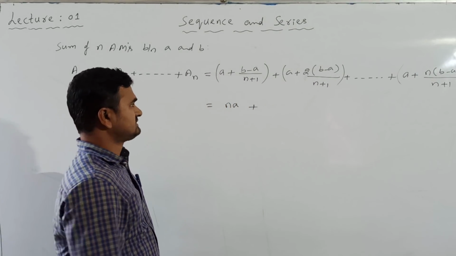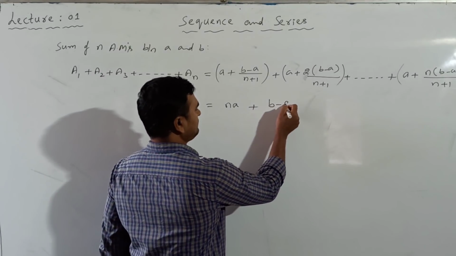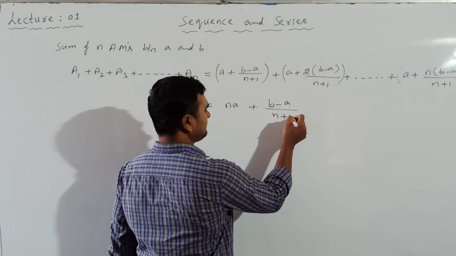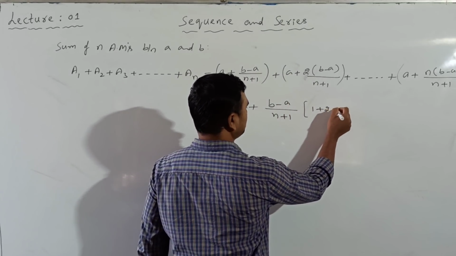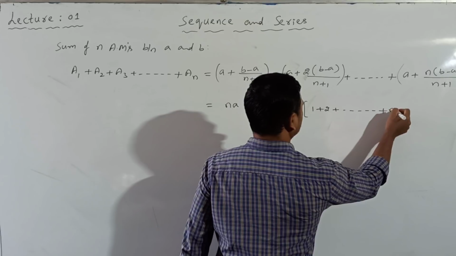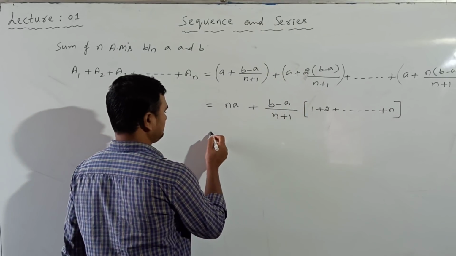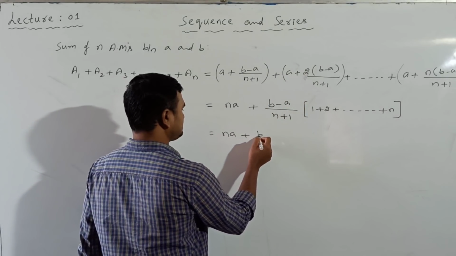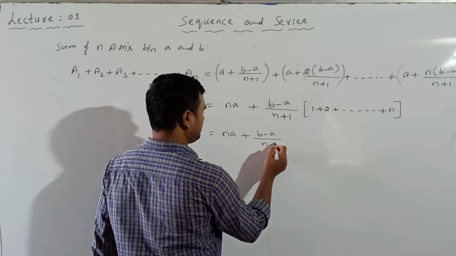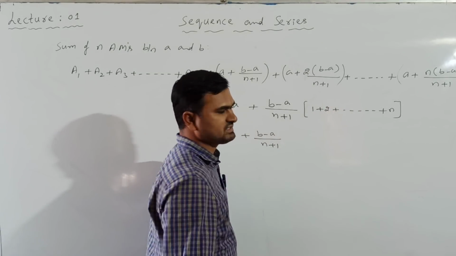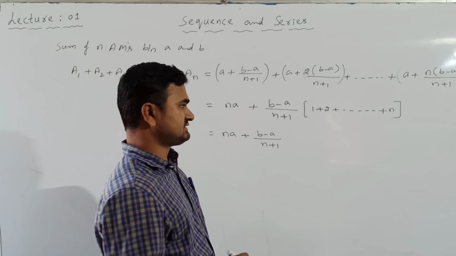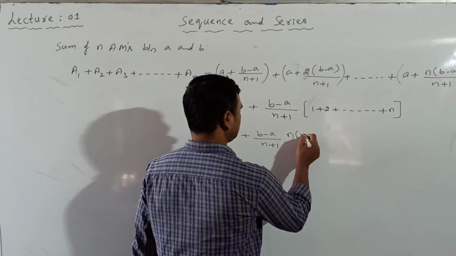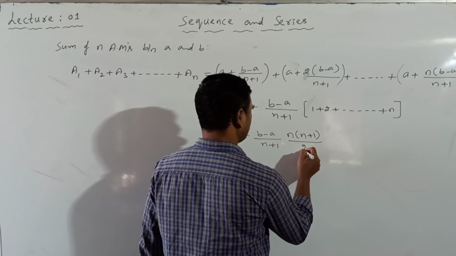In all these terms, what can we take common? (B minus A) divided by n plus 1 is common. So the remaining is 1 here, 2 here, and so on up to n in the last term. So nA plus (B minus A) divided by n plus 1 times (1 plus 2 plus up to n). It is the sum of n natural numbers, n into (n plus 1) by 2.